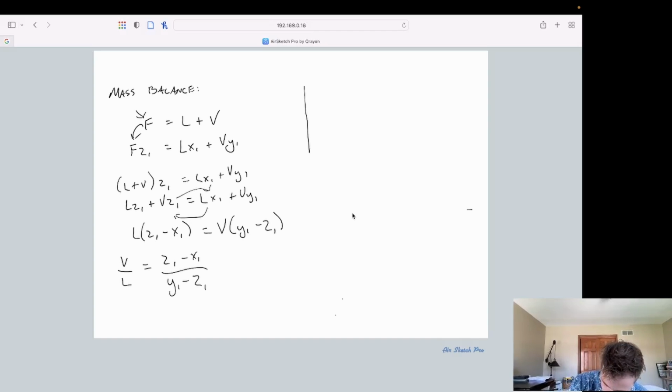Now what the significance of this is, if we come back to here, we've got our x1, our y1, our z1. Again, we're going to draw our temperature is known, and we've got our bubble pressure. Blue on top, so our bubble pressure curve, and then our dew pressure curve.